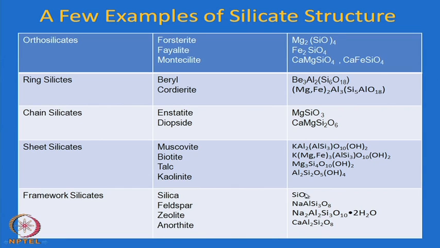In all of them, as you can see, aluminum is one of the ions present, particularly to replace silicon, and accordingly other cations also come in to satisfy the charge imbalance. So, this is in short the summary of different kinds of silicates and their structures, and I have also discussed some of the usefulness of many of these compounds.